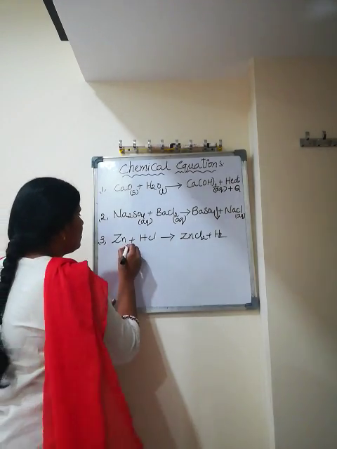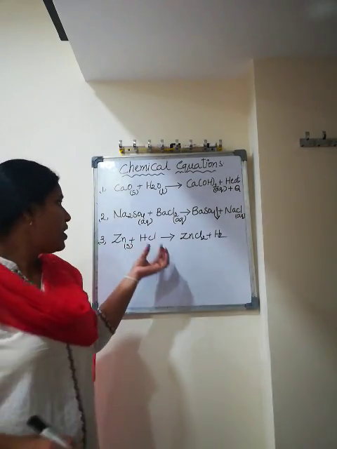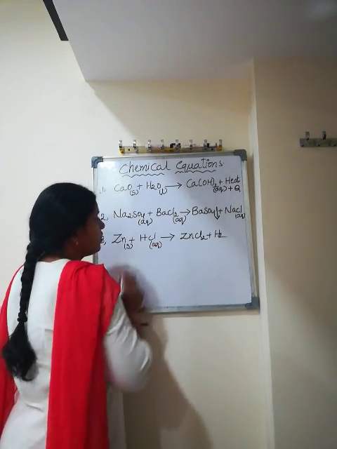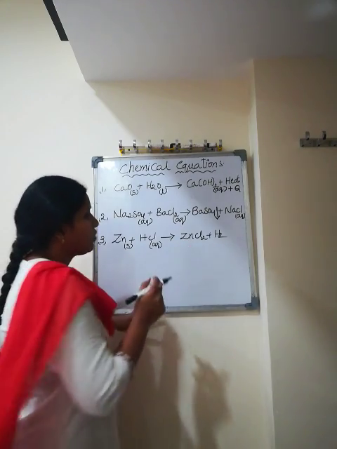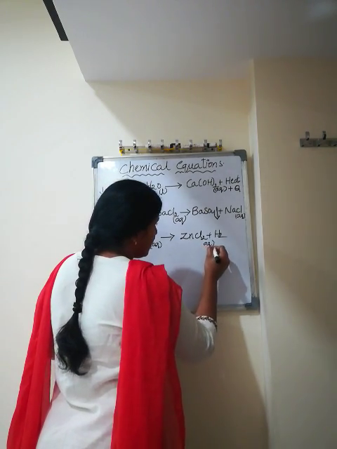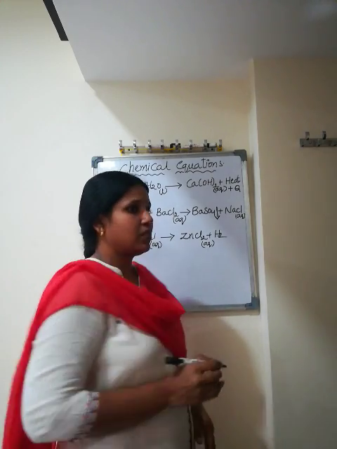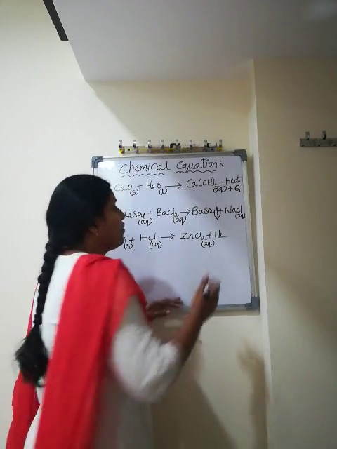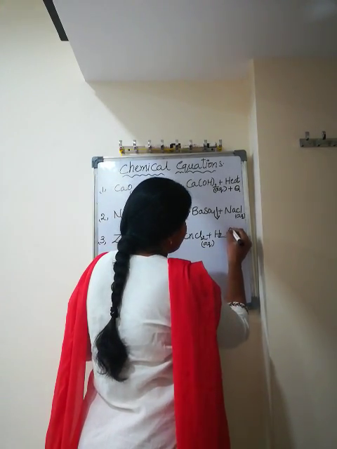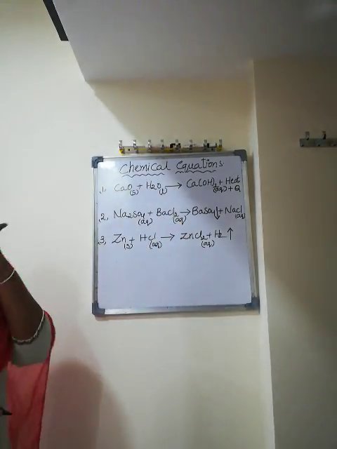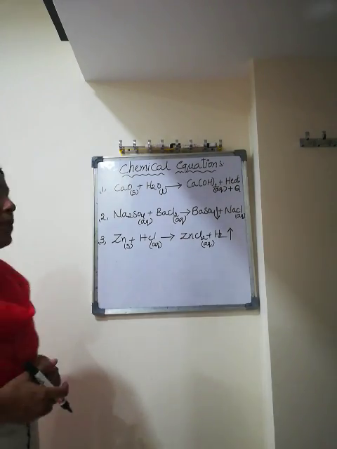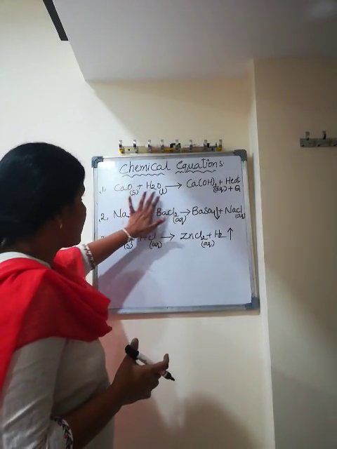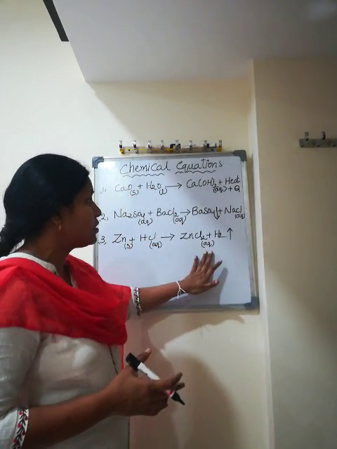Here zinc pieces are in solid state and hydrochloric acid is aqueous, zinc chloride is also in aqueous state, and hydrogen is in gaseous state. This is the third one. If any gaseous substance is involved in an equation, we can represent it using an up arrow.